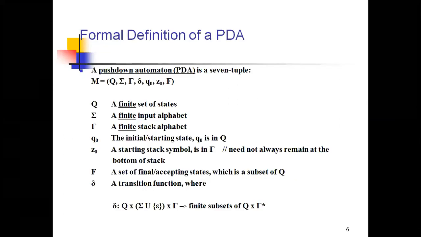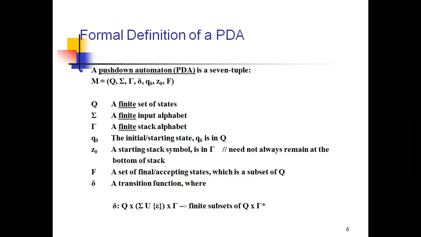And this is the most important definition of a PDA, the formal definition of a PDA, or we can also say it is a mathematical definition of a PDA. A PDA can be defined as a 7-tuple machine. Again, recall, NFA and DFA are 5-tuple machines, Mealy and Moore are 6-tuple machines, while the PDA is a 7-tuple machine.